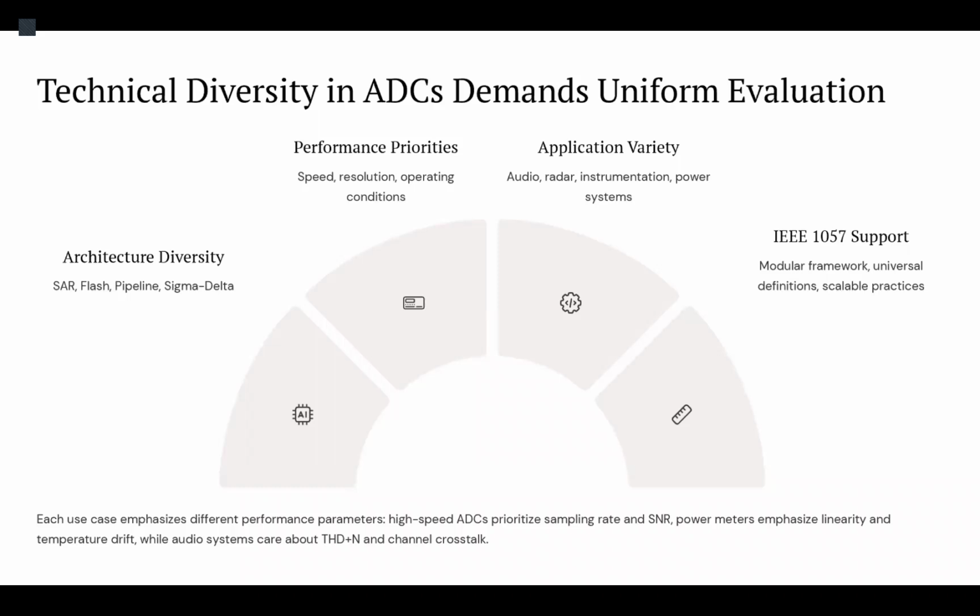This way we can have trust and interoperability across the industry. So now IEEE 1057 kicks in and plays a critical role. It provides a modular and scalable testing methodology that can be adopted for various ADC types and architectures. This standard supports this diversity, defines universal metrics and clear testing procedures, and categorizes them into static and dynamic testing.